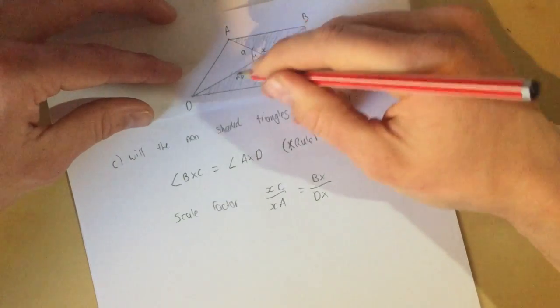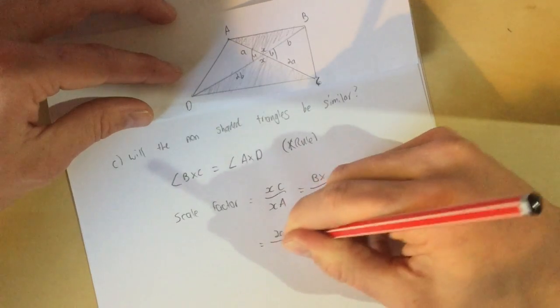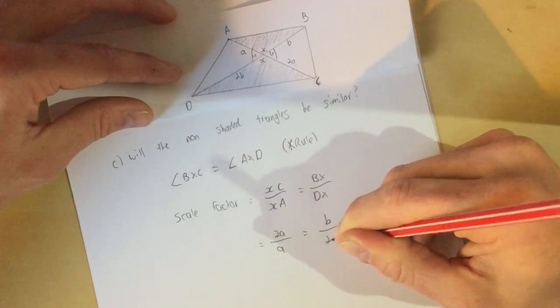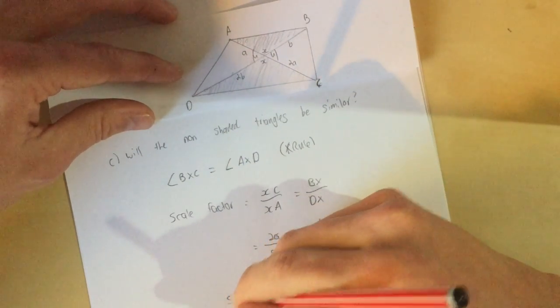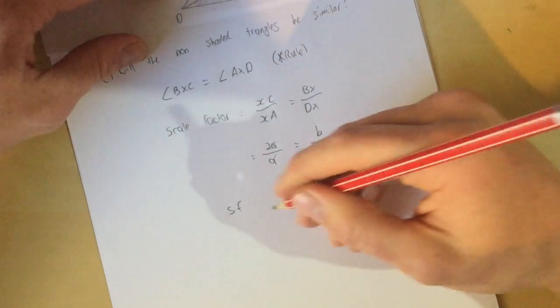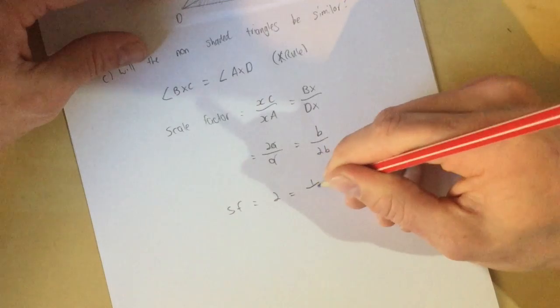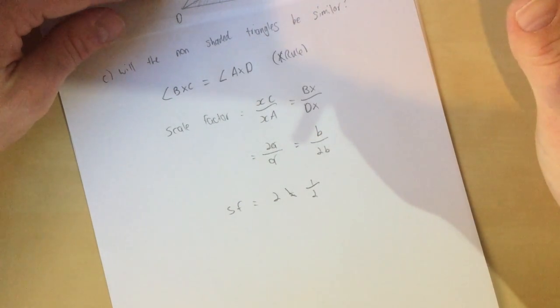So we'll put the values in here. So 2a on a equals b on 2b. So these values are going to cancel out, so that's going to be a scale factor 2 equals 1/2. So they do not equal each other, so these triangles will not be similar.